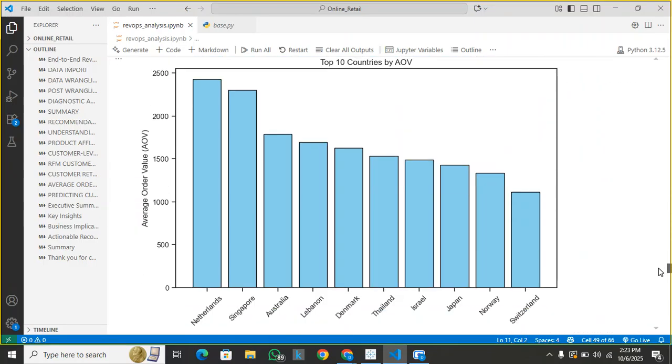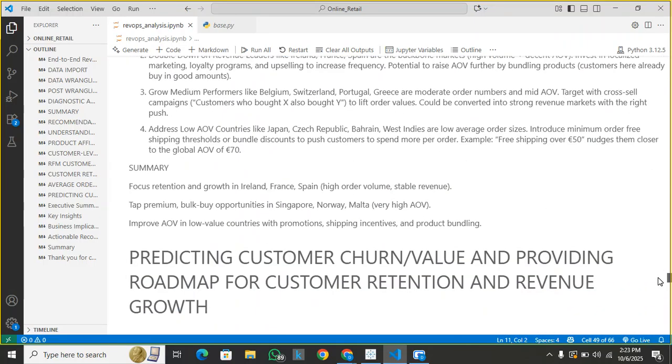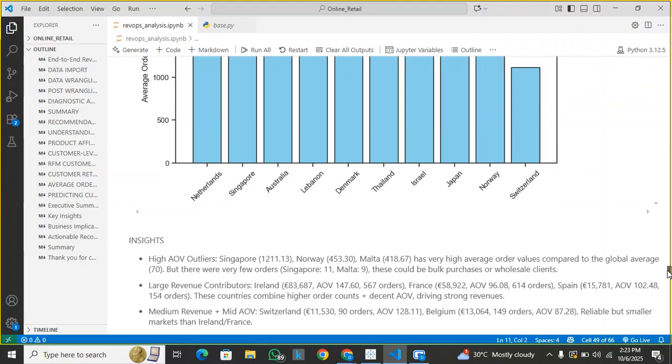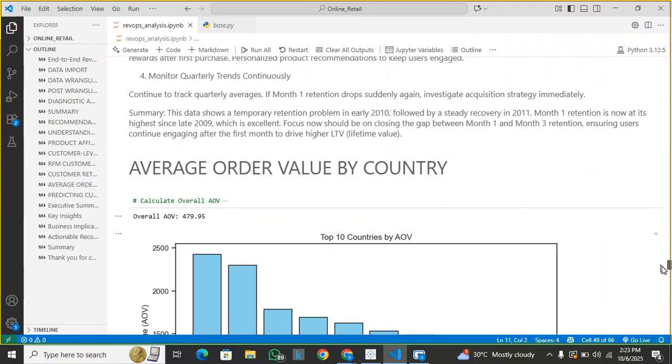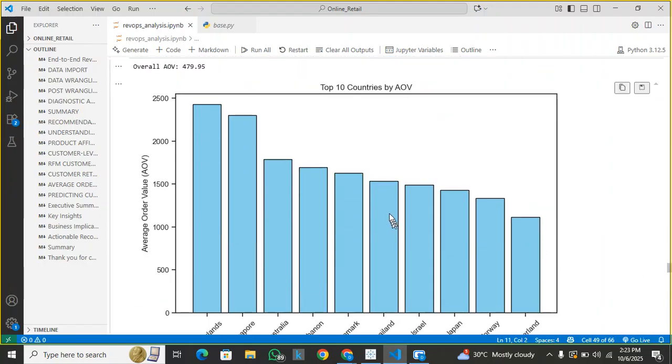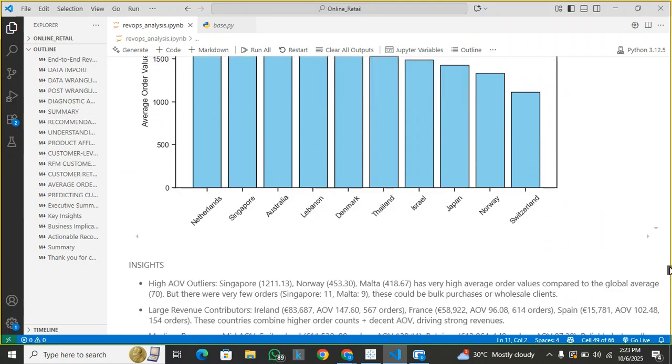So you can go through this to get in-depth insights into the average order value. The aim is to see which country is generating the highest average order value, to know where to focus what marketing campaigns.